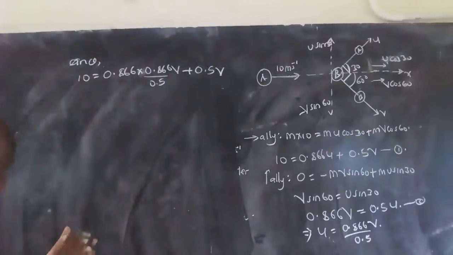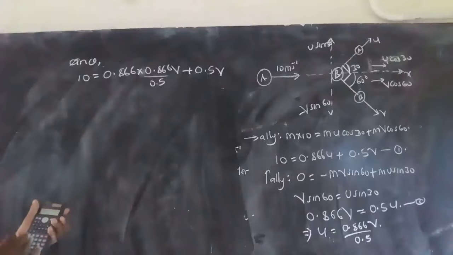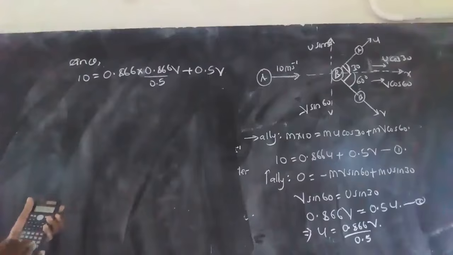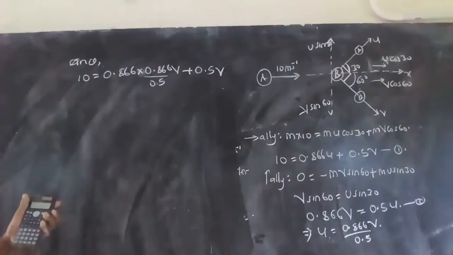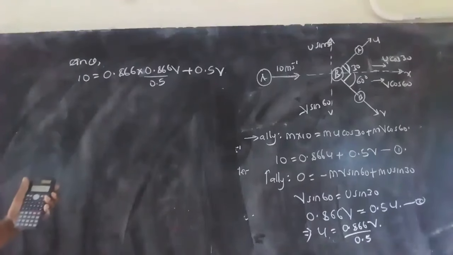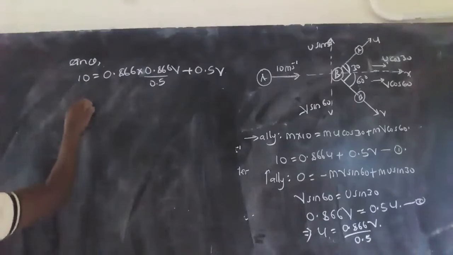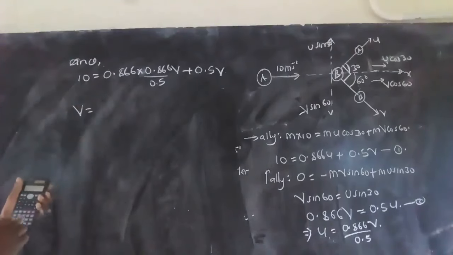So when you add, we'll get 0.866 times 0.866 divided by 0.5, then plus 0.5. So then our v will become 10 divided by the answer.